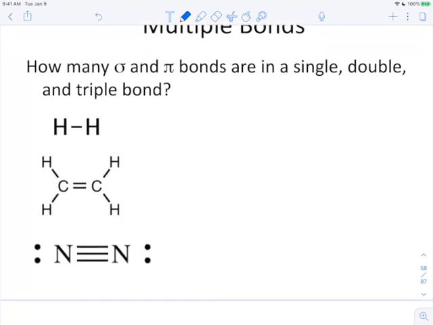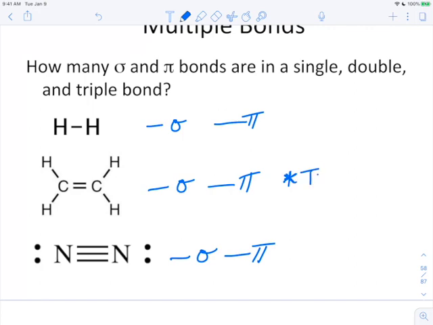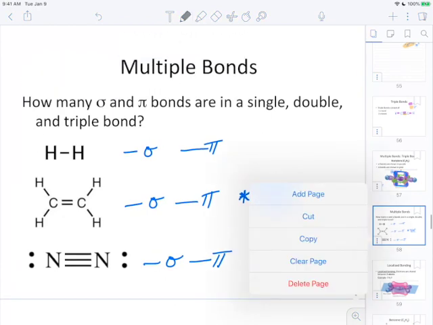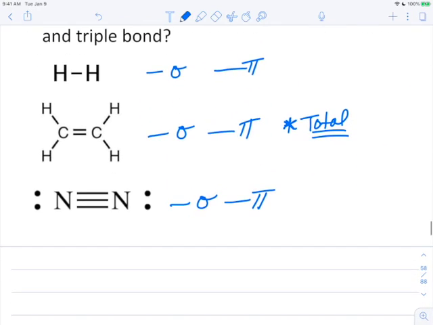All right, so here it says how many sigma and how many pi are going to be in each. I want you to take a minute, fill in these blanks, and identify how many sigma bonds and how many pi bonds are in each. For this one right here, I'm going to say total. I want you to identify the total number of sigma and the total number of pi in the molecule. Actually, let me do one more thing first.